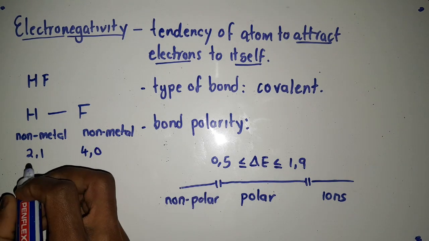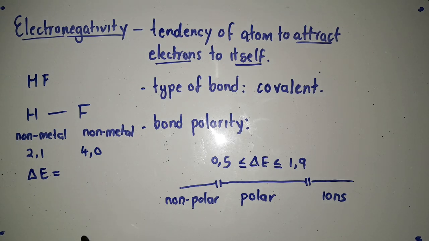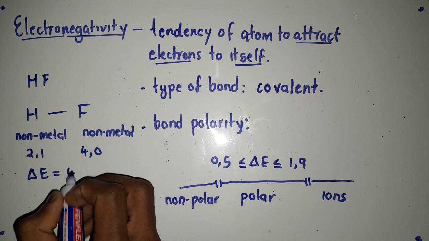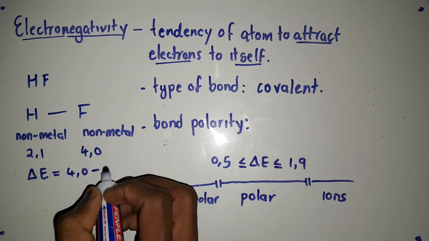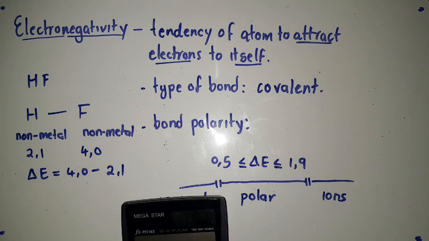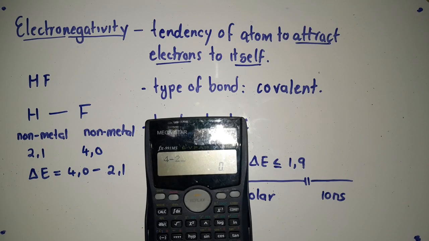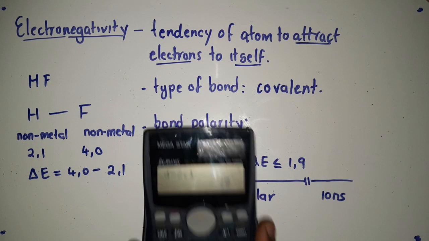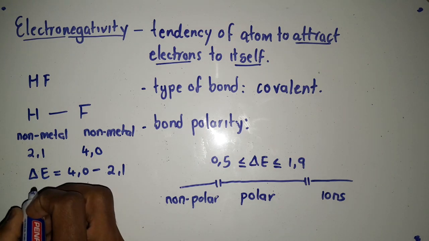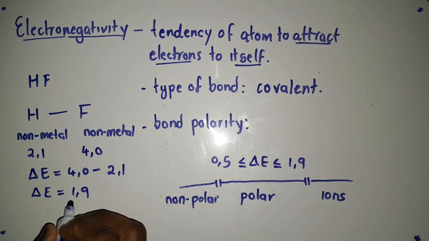Now for us to determine the electronegativity difference, we consider the bigger number first, subtract by the smallest number. Then we take our calculator and say 4 minus 2.1. We get 1.9. You see, this is our value now.